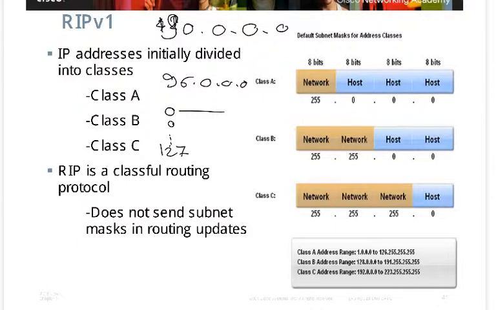If the leftmost byte has any number from 0 to 127, this means it's class A. From 128 to what? Does anyone remember?